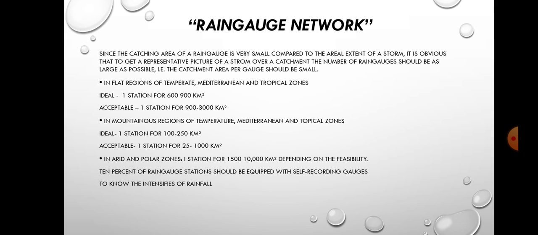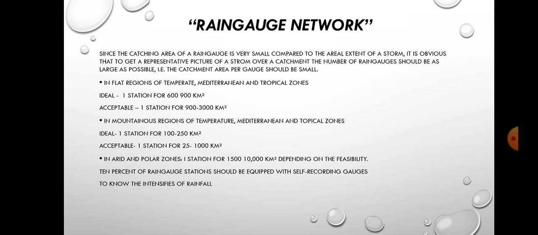In mountainous regions of temperate, Mediterranean and tropical zones, ideal is 1 station for 100 to 250 km squared, acceptable is 1 station for 25 to 1000 km squared. In arid and polar zones, 1 station for 1500 to 10,000 km squared depending on feasibility.